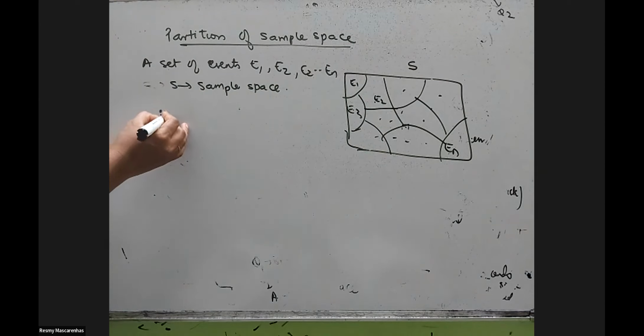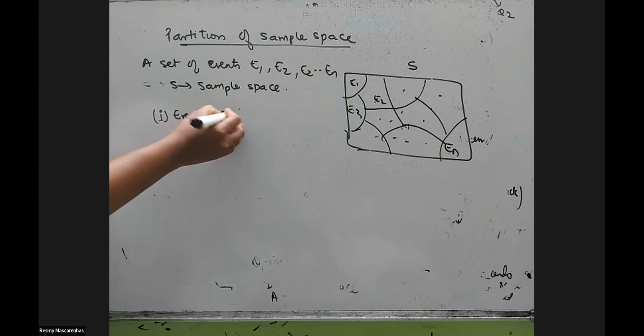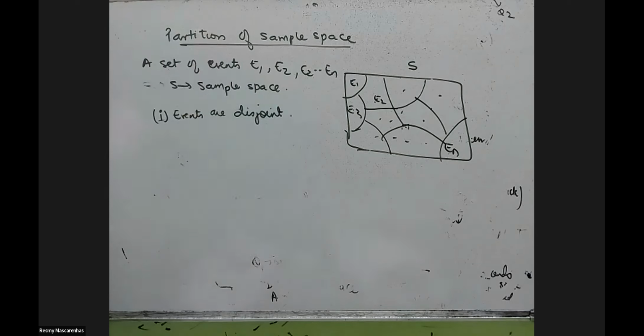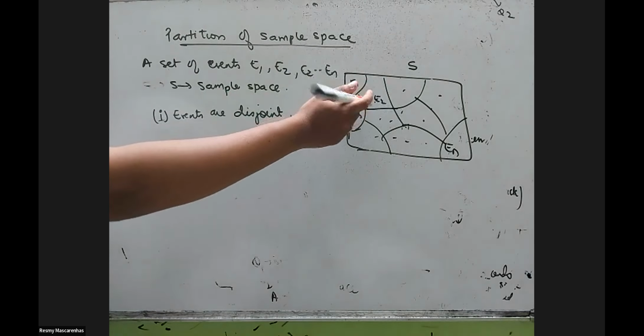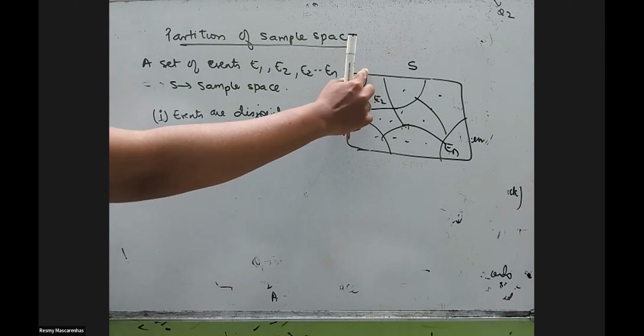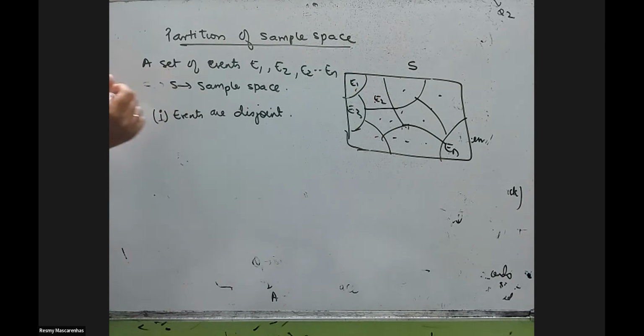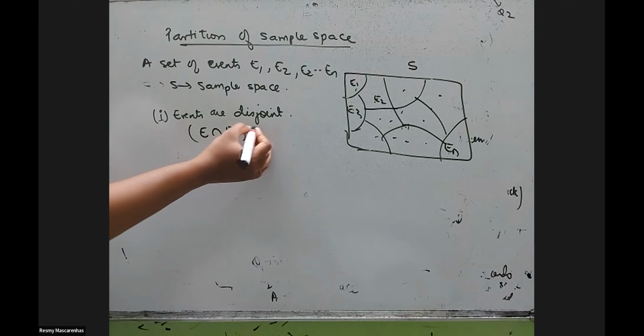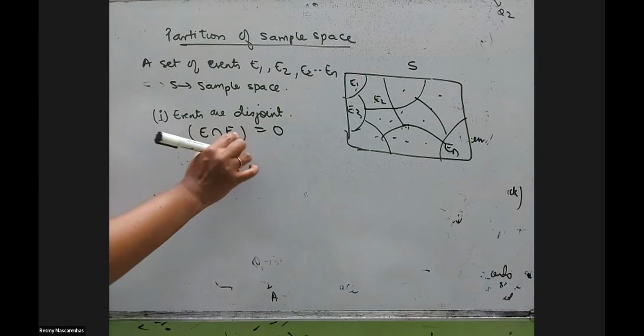The first one says the events are disjoint. Disjoint means not dependent on each other. E1 is not dependent on E2. They have nothing in common, they are not sharing anything. So this line is separating E1 and E2. Disjoint means the intersection between them is always equal to 0. There is nothing common between E1 and E2.